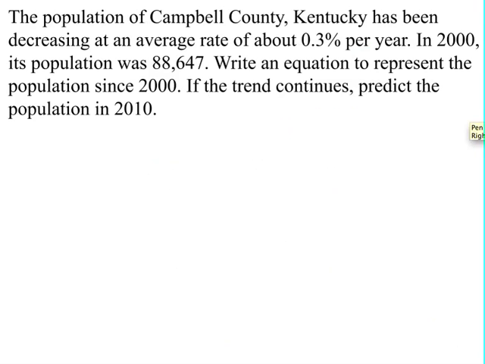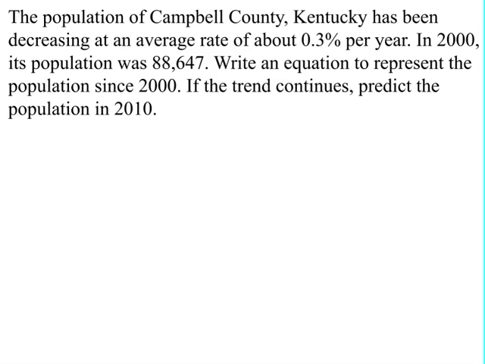And this is where exponential decay is used quite a bit. It says the population of Campbell County, Kentucky has been decreasing at an average rate of about 0.3% each year. In 2000, its population was 88,647. Write an equation to represent the population since 2000.